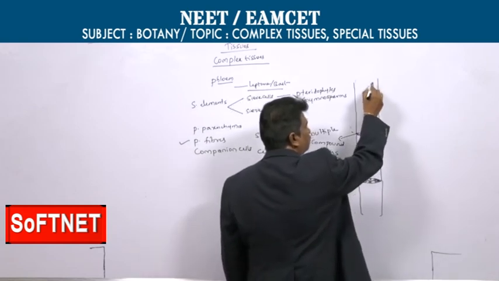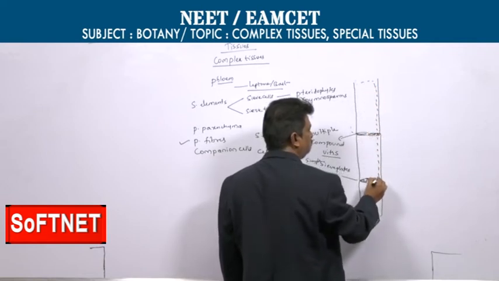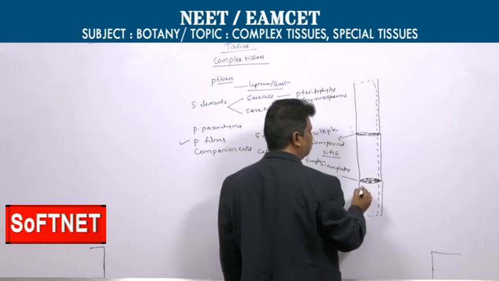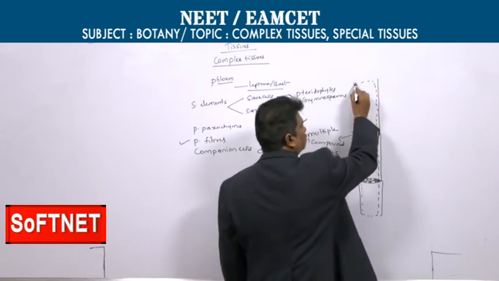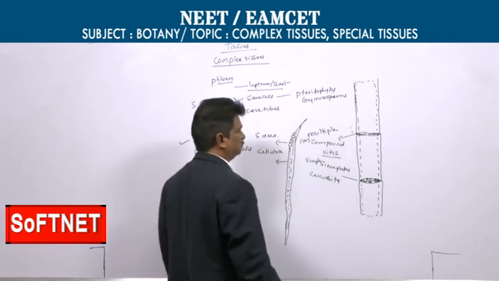Like a sieve cell, even the sieve tube is enucleated when matured, and it contains vacuolated cytoplasm.